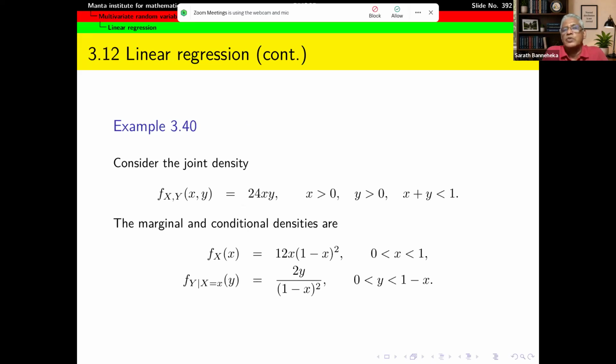And also we showed that expected value of y given x is the best predictor of y in terms of x among all predictors. When that predictor is a linear function, that predictor coincides with the least squares regression predictor.